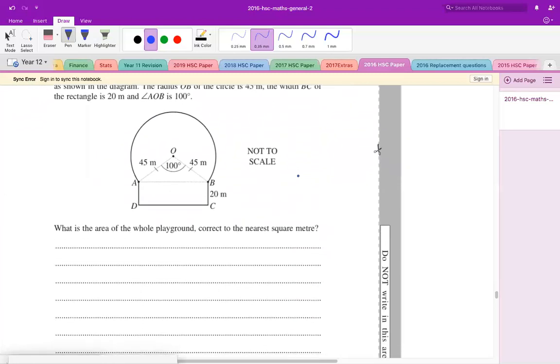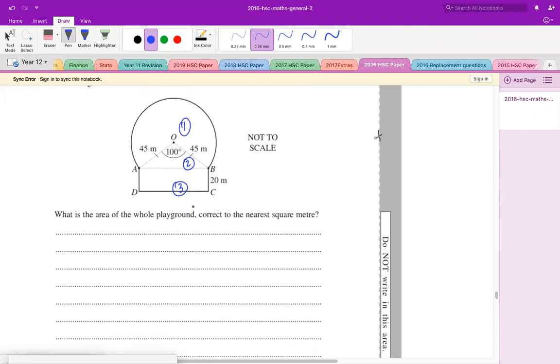I think you need to first see what this whole thing is made of, right? You have a sector, you have a triangle, you have a rectangle on the bottom. Of course, you can think of it as a circle with part of it cut off, but I personally thought that was a bit longer than if you just do it straight away, because with the 3 parts, you can find the areas very easily.